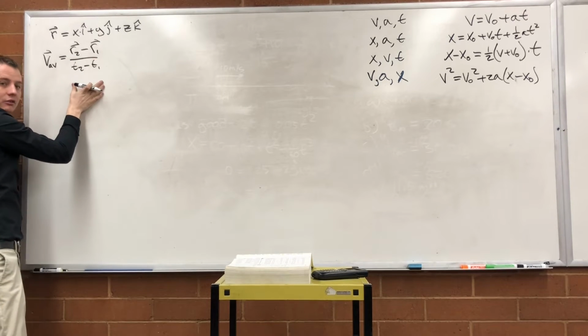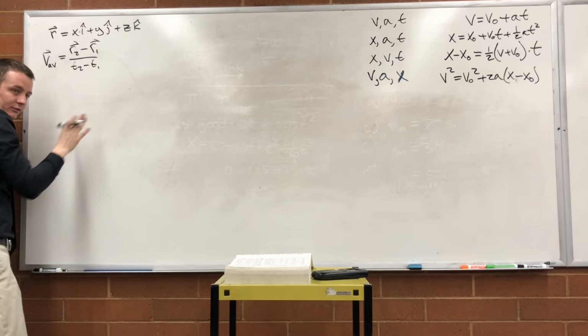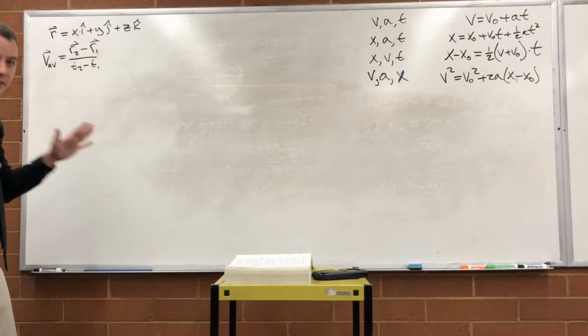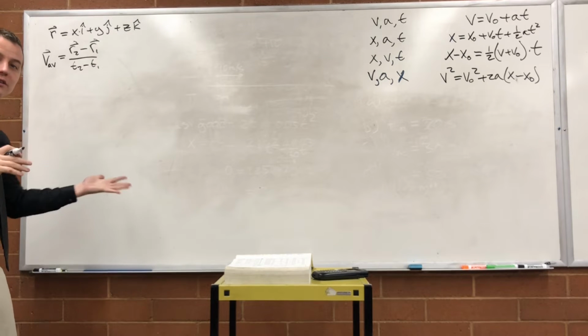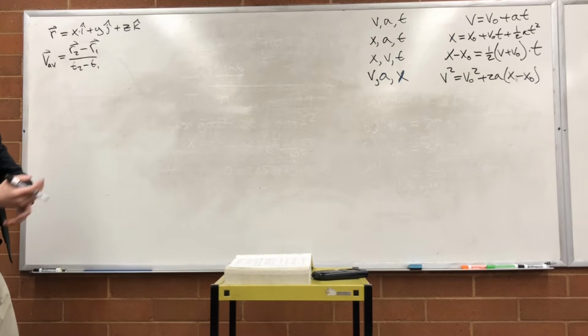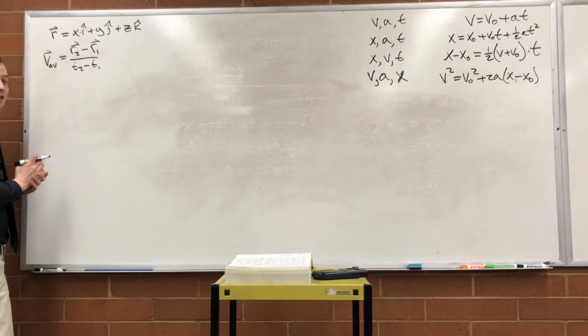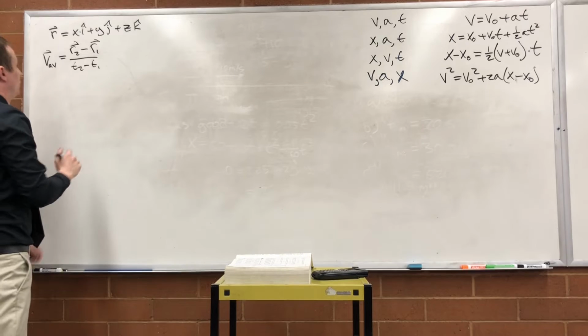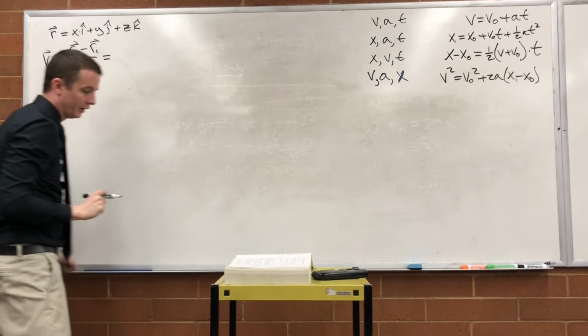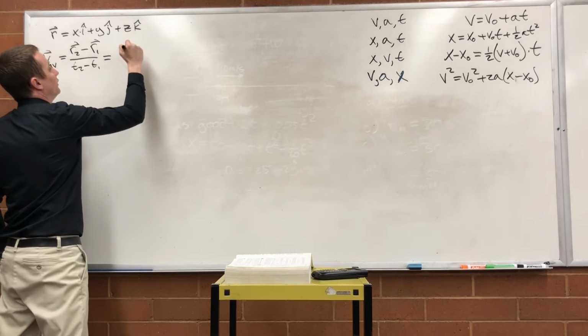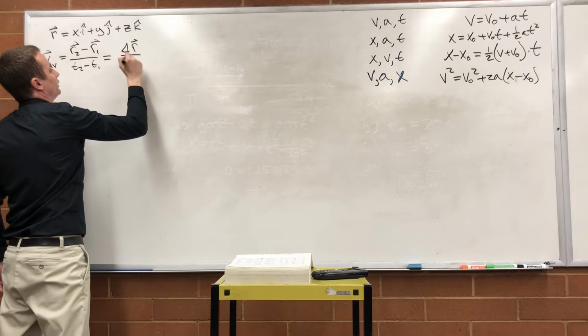Those are just scalars, not vectors. You don't represent time as a vector. Remember, scalars are just numbers. Some quantities we need vectors to represent, some we just need numbers. You'll notice this is the exact same equation as what we had before. Another way we can write this is delta r vector over delta t.